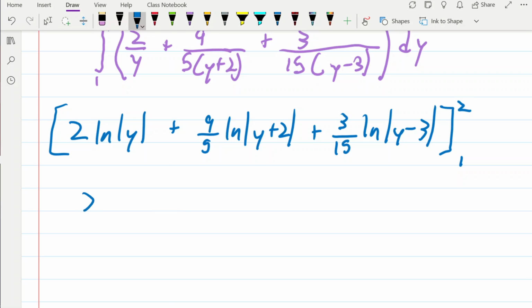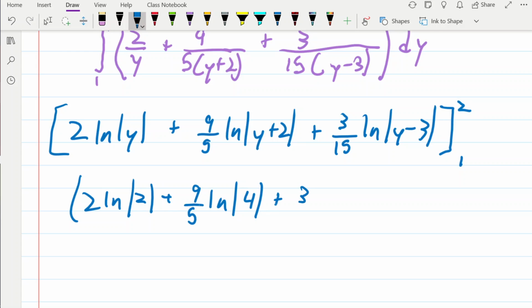Okay, so we're going to have 2 ln 2 plus 9 over 5 ln of, so we have 2 plus 2, so that's going to be 4, plus 3/15 ln of 2 minus 3, so that's going to be negative 1. This is all going to be 0 because you're taking the absolute value.